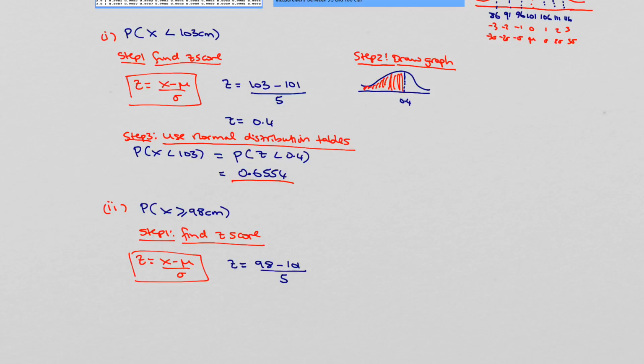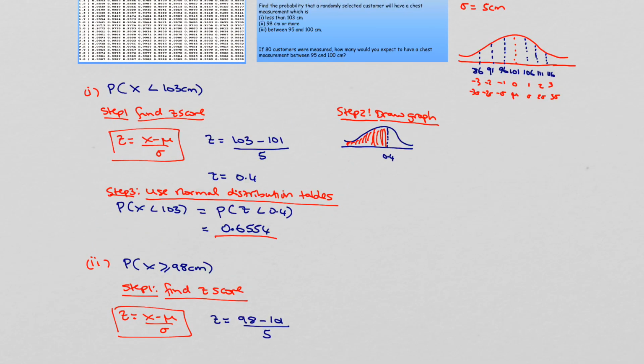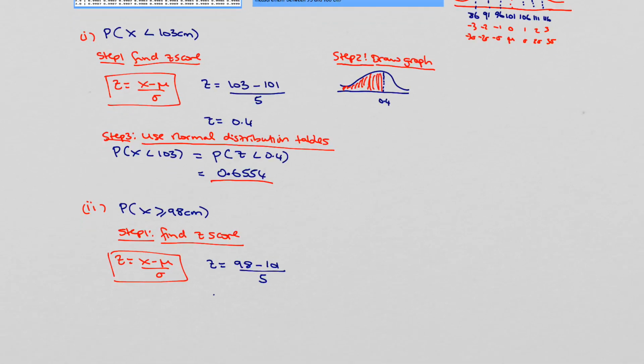Going back to the sketch at the start, this lies to the left of our mean, which gives a negative z-score. So z is going to equal minus 0.6.